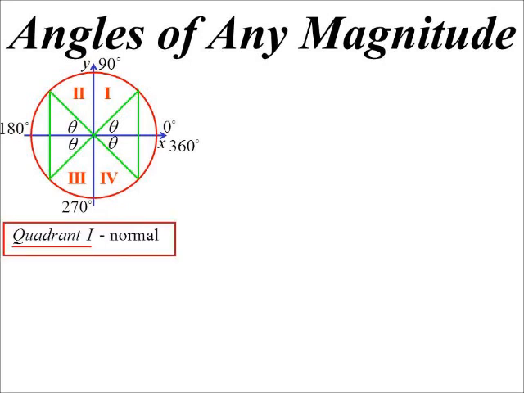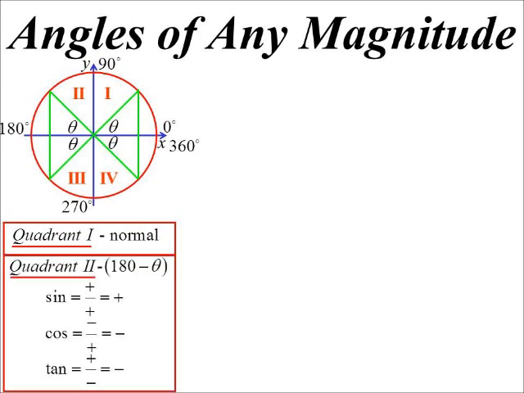So in the first quadrant everything's fine because we're between 0 and 90 degrees. Once we get into our second quadrant, the quadrant which I call 180 minus theta, theta being the acute angle that I want to bring it back to, we have a look. Now if you have a look at the triangle in the second quadrant, the sine ratio we said was opposite over hypotenuse. Now the opposite would be the y value of that point, and the y value is positive.